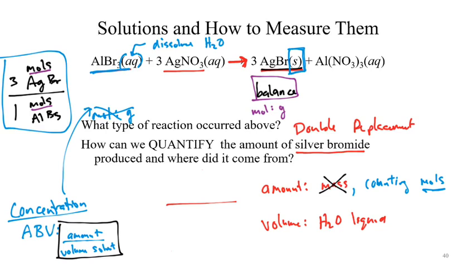We'll go back up to our chemical equation and look at the stuff we've already addressed. Okay, we've got moles per gram. We've got moles per mole. Okay, moles shows up again and again and again when we're dealing with our chemical equations. So if I'm going to look at a concentration as a chemist, it probably makes sense that the concentration I want to show is the relationship between the moles of my solute and the volume of my liquid.